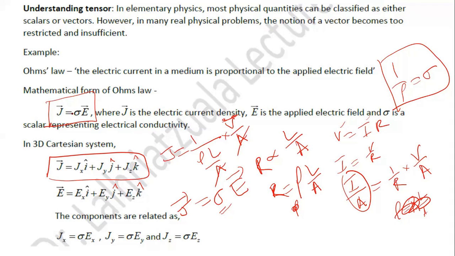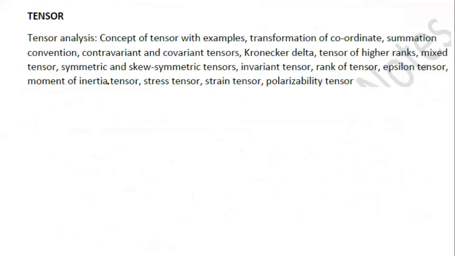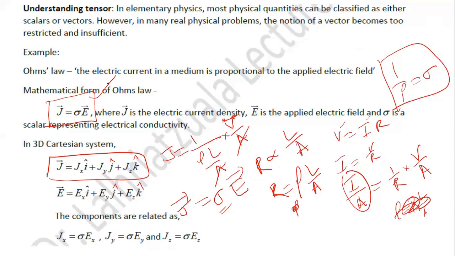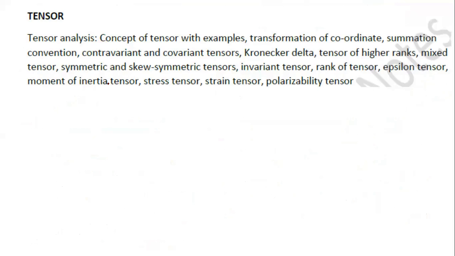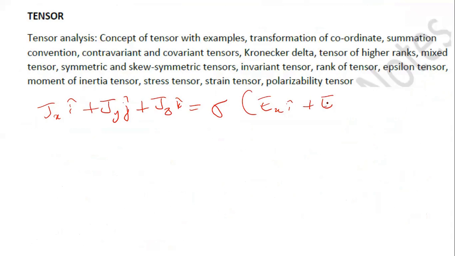So if this relation holds, you can write this as jx i cap plus jy j cap plus jz k cap equal to sigma times ex i cap plus ey j cap plus ez k cap.